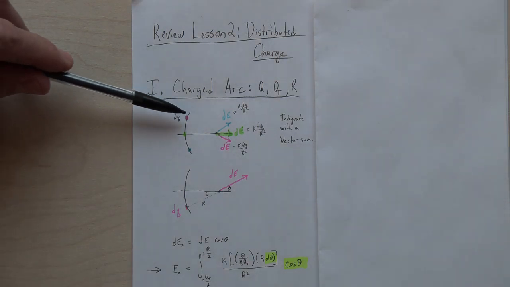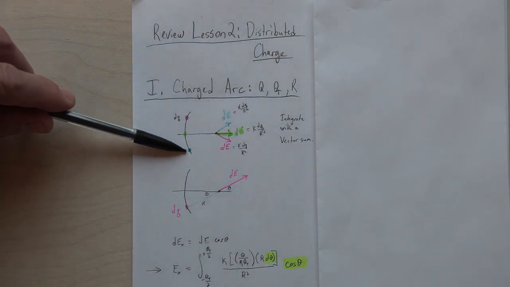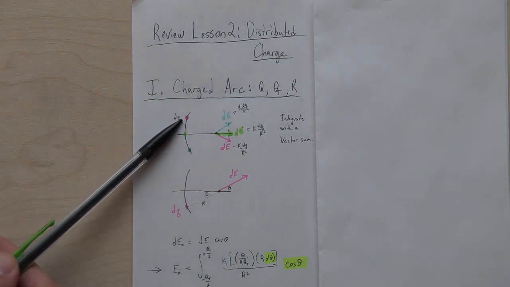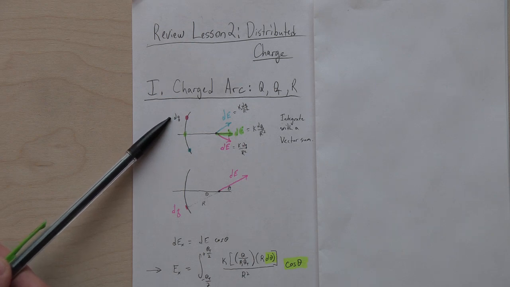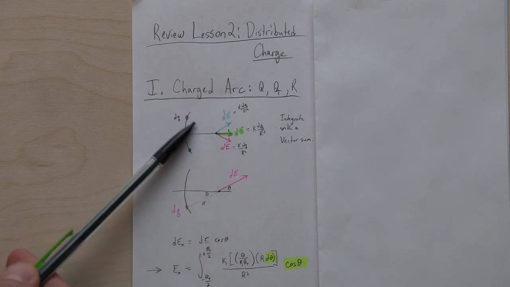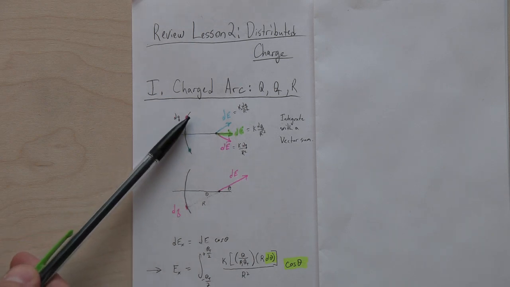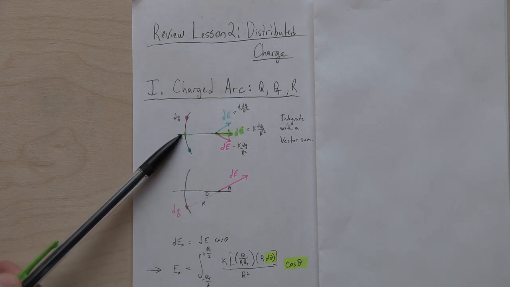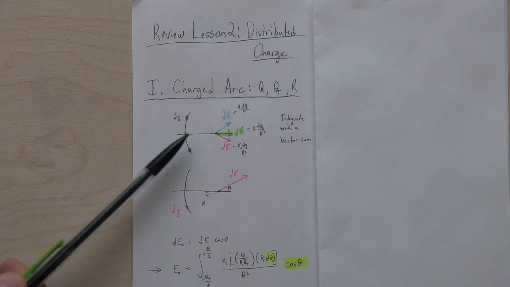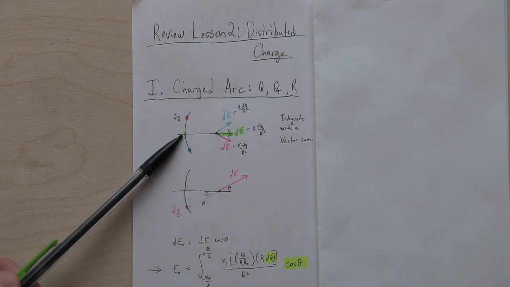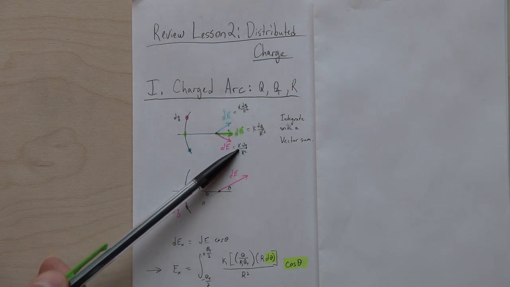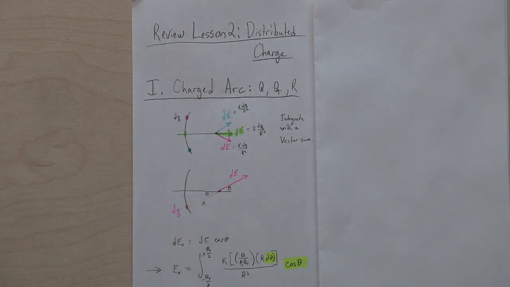If we snip it into little pieces in our mind, then this little piece right here with a charge of dq creates an electric field pointing away from that charge if it is positive. At the origin, there's an electric field caused by this piece pointing directly away from it, and these vectors have a magnitude of kq over r squared.